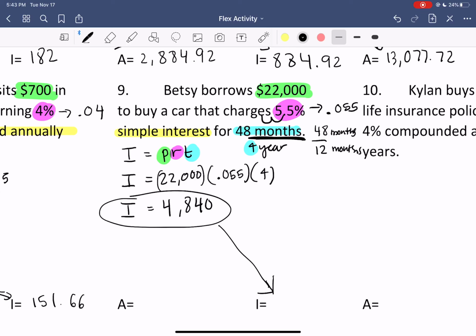And then to know how much total, so this A, again, remember, is our total amount. In order to find the total amount, we're going to have to add back the principal that we borrowed, which was $22,000.